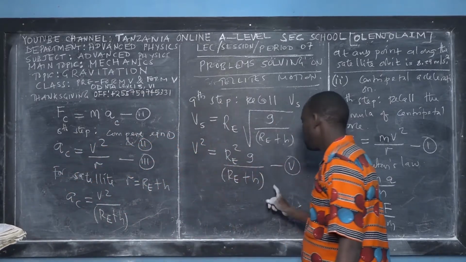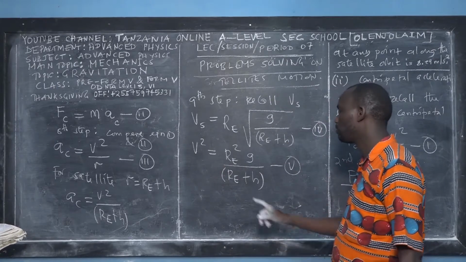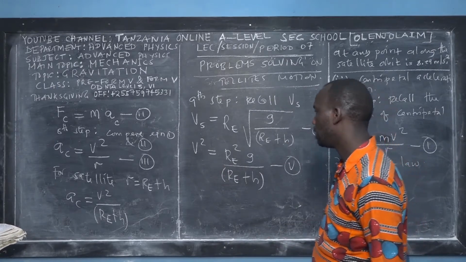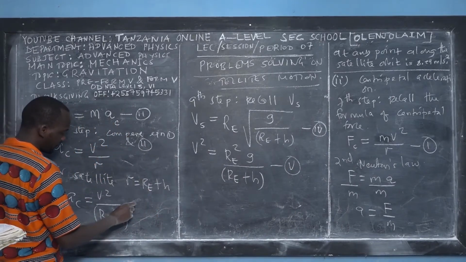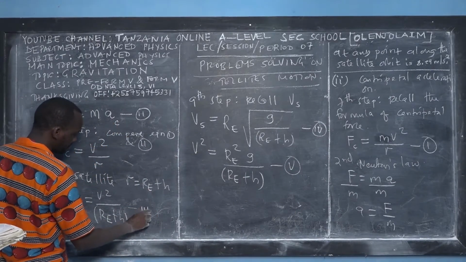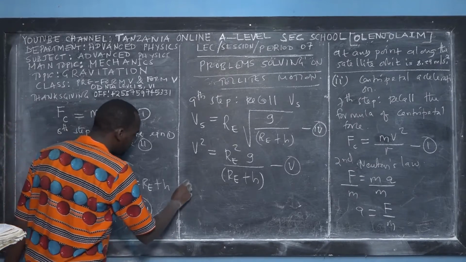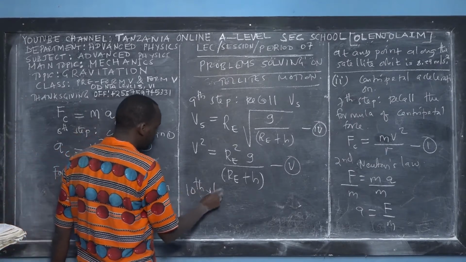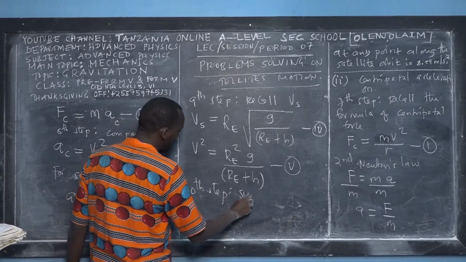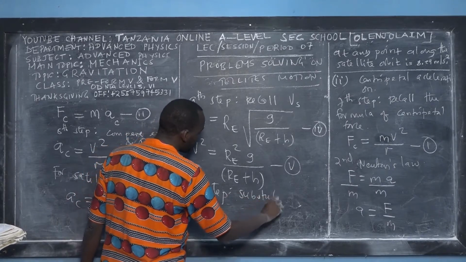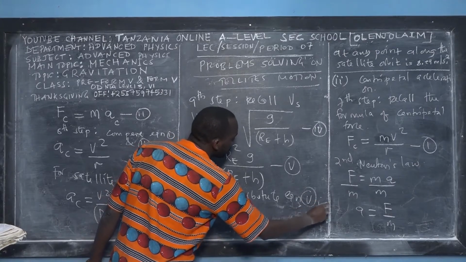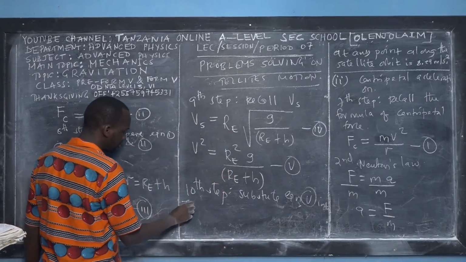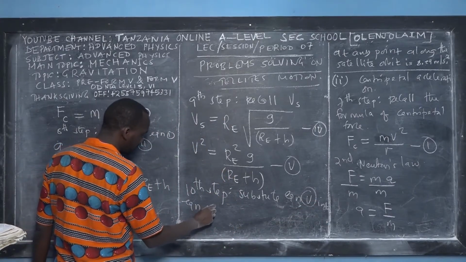So the relationship between the equations, we substitute equation 5 into the third equation. We have the third equation here. So you get the next step, we say that we have to substitute equation 5 into equation 3.